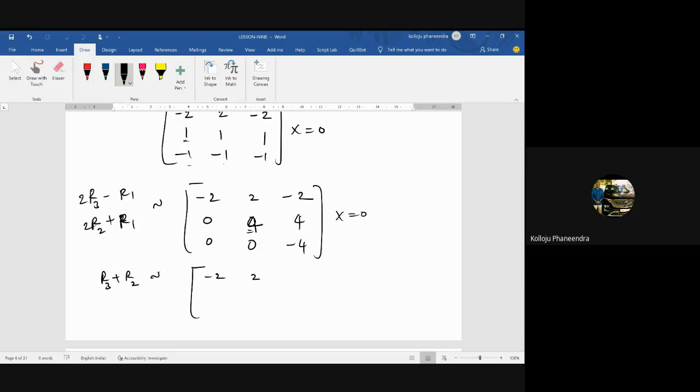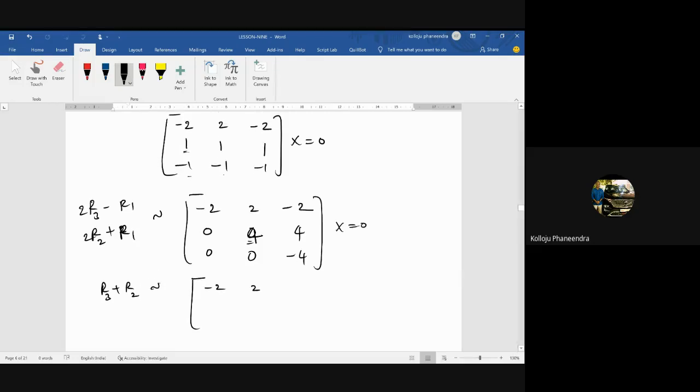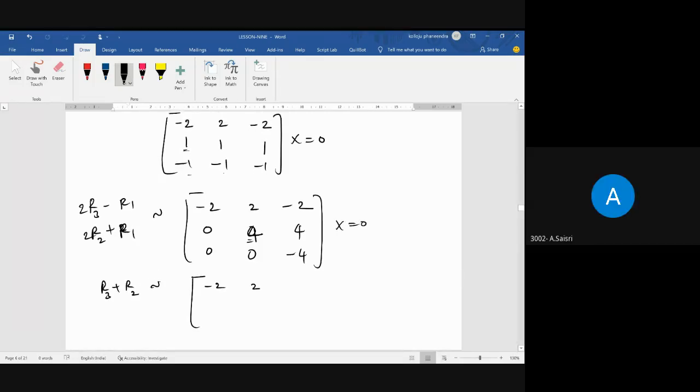No, some mistake is there. What is lambda equal to 1 now? This is minus 2, 2, minus 2. Wait. Second row elements 0, 4, 0. This is 2. Yeah, this is 0. Correct. Now, already this is 0. I have to get this one 0 also, compulsory. Third row also 0, minus 4, 0.